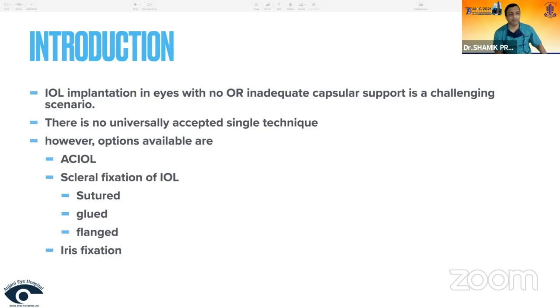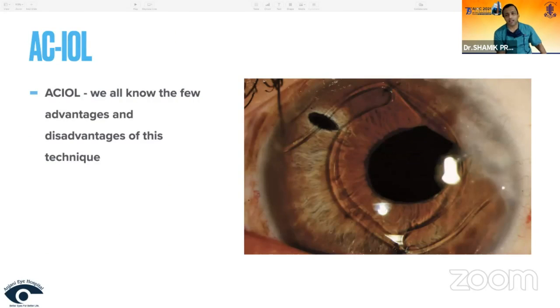So I'll be just giving an overview of this topic. The anterior chamber IOL, we all know the few advantages and quite a few disadvantages of this technique. I wouldn't be talking much on this because we have come out of it, and most VR surgeons would rather prefer going ahead with a scleral fixated IOL after a good anterior or maybe a complete posterior vitrectomy.